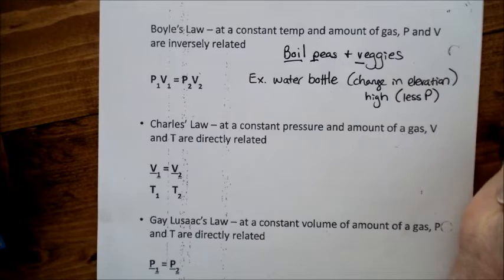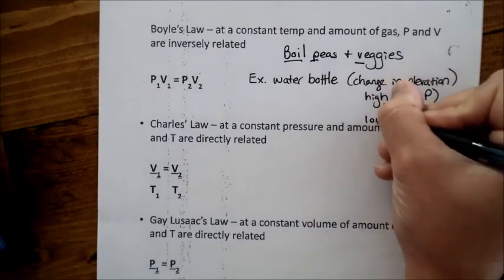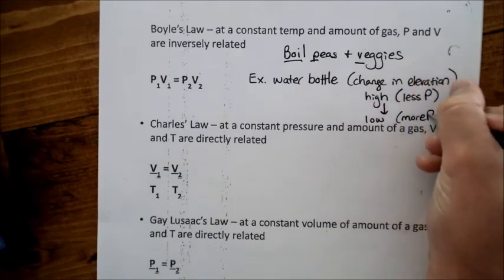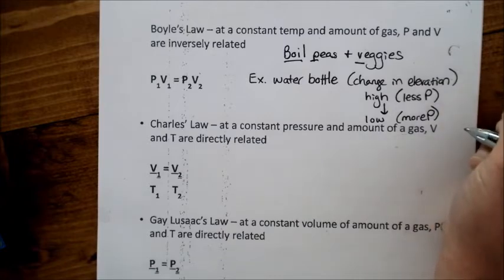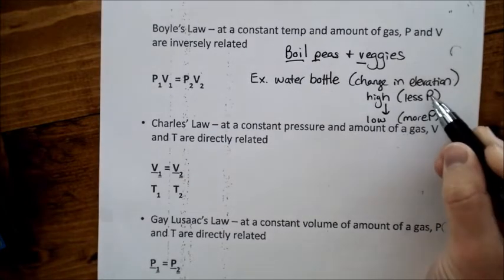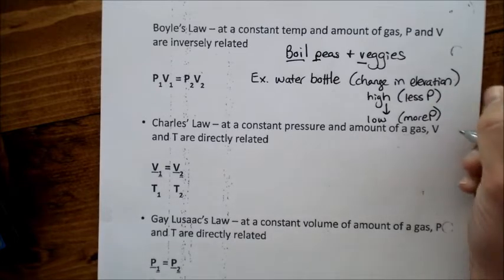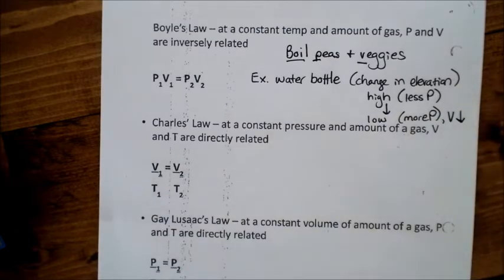And so if you were to take that water bottle from a high elevation to a low elevation where the pressure is higher, since volume and pressure are inversely proportional, as pressure goes from low to high, you're going to see the volume of that water bottle decrease.